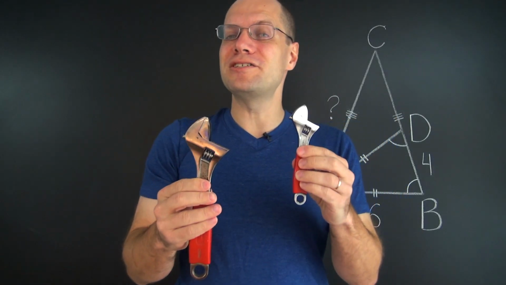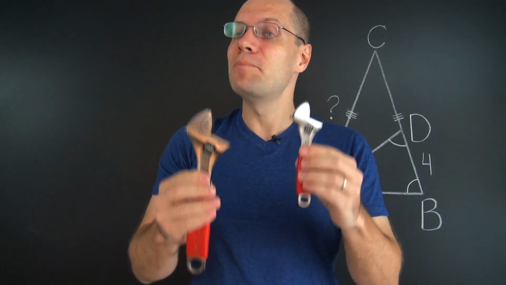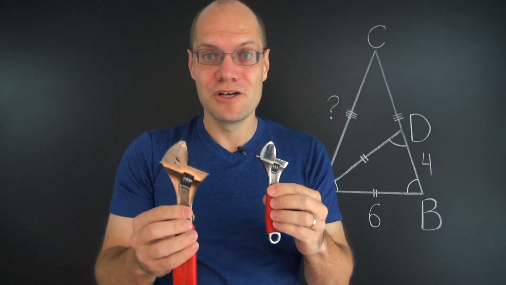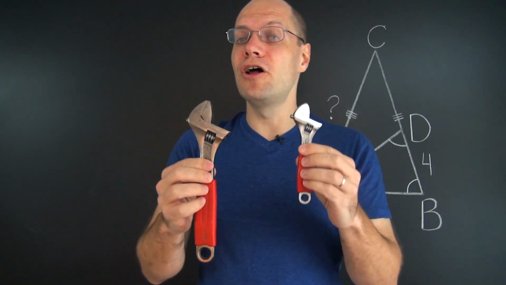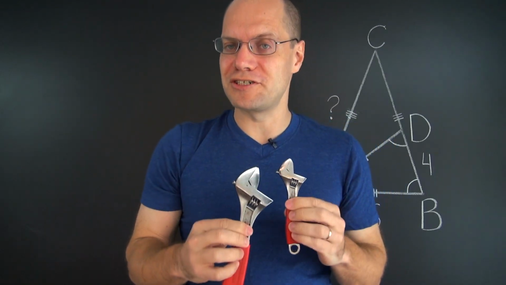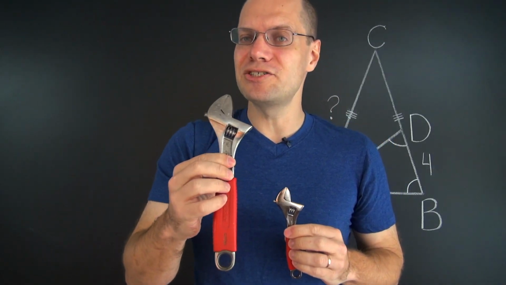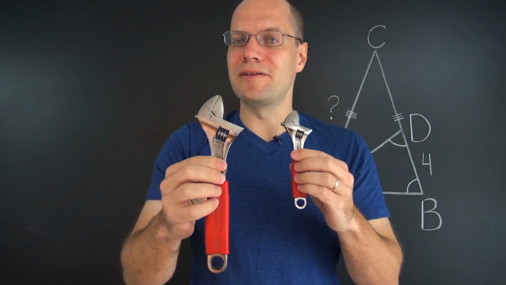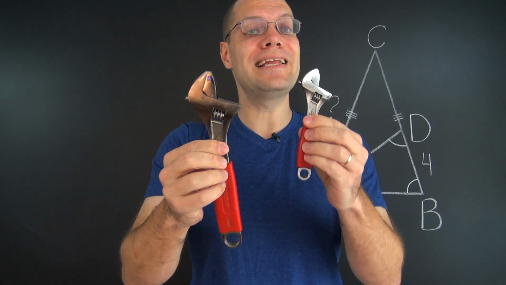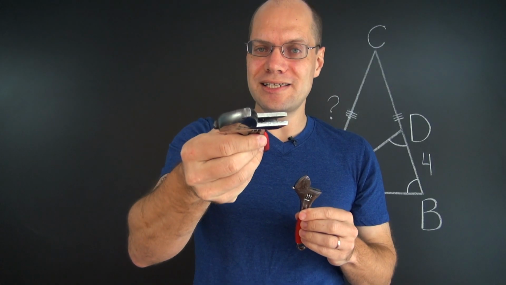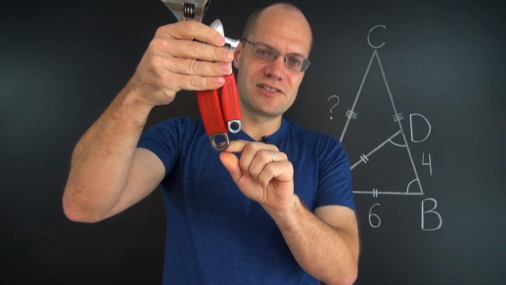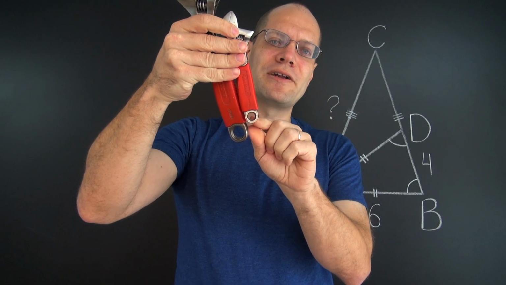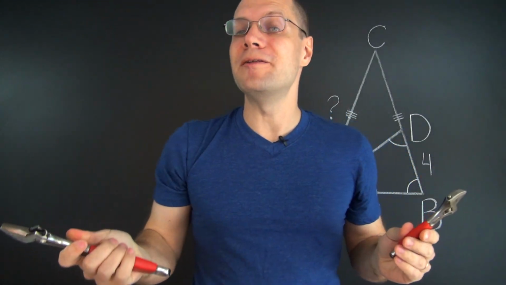These adjustable wrenches are different sizes, but the exact same shape. So geometrically speaking, they are similar, which means that all of their dimensions are proportional. Let's say that this wrench is twice as long as this one. Then it is twice as wide as this one, and twice as thick as this one. Also, the diameter of this circle is twice the diameter of this circle, and so on.